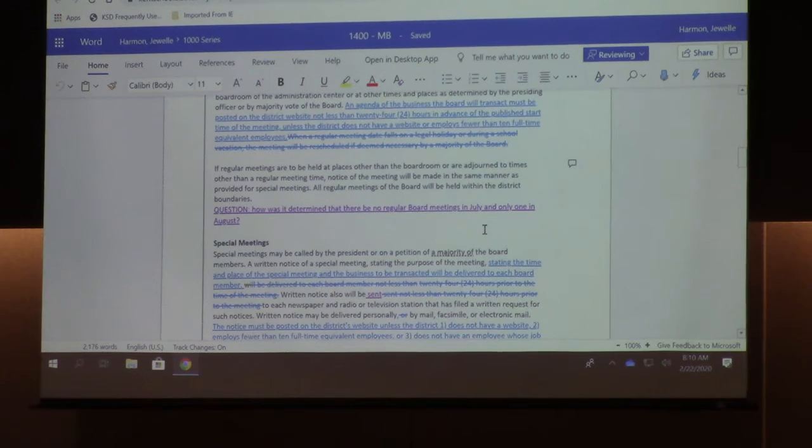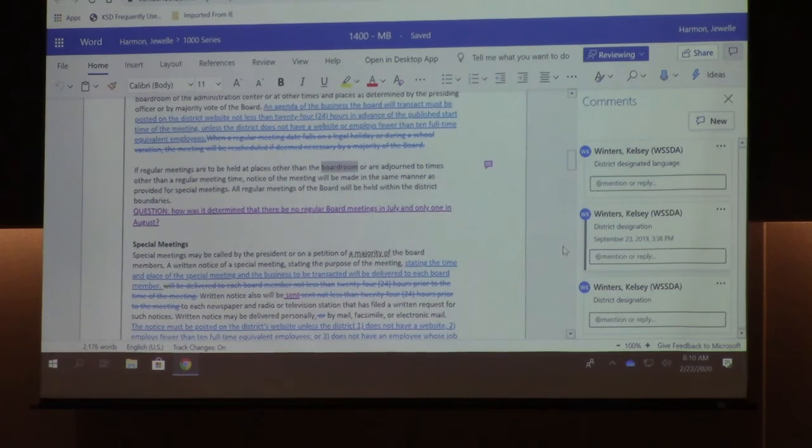It's just that some staff are off in summer. You have work sessions and special meetings where there's a consent agenda, but I've never understood why there's not at least one board meeting in July, because that's when we're finalizing budget and things like that.